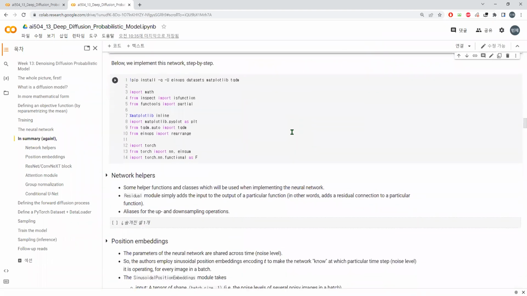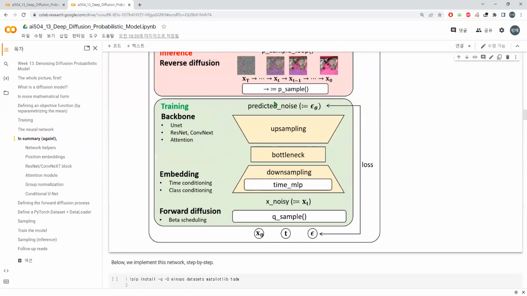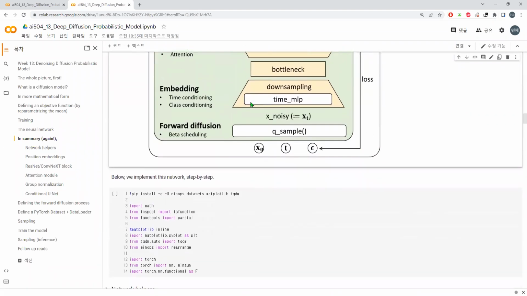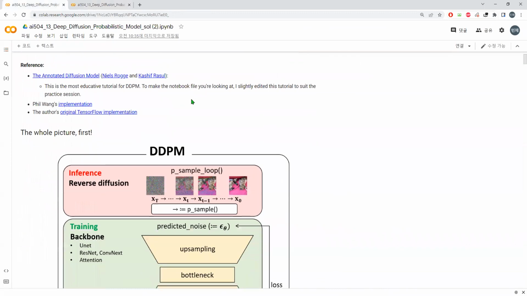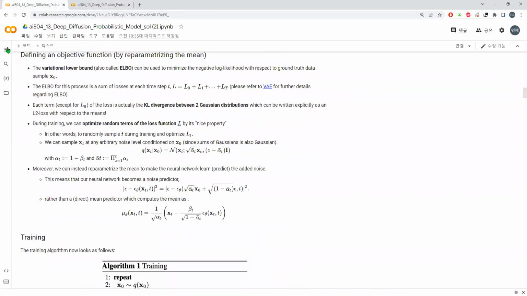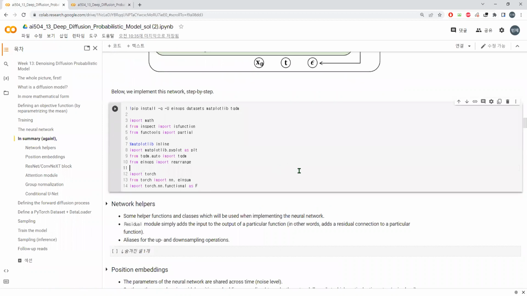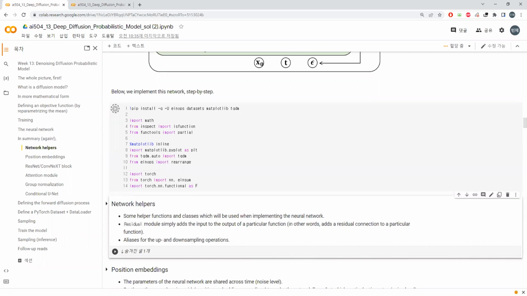Okay, let's get started. We implement this neural network step by step. If something is not a novel part of the DDPM paper, then just push Shift+Enter and run it. This section is just for importing the packages, run it.